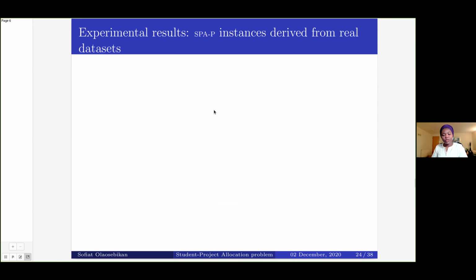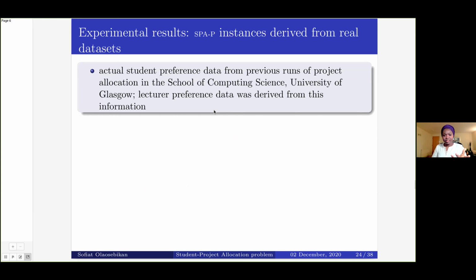So we also ran an experiment using real data sets. What we had here were randomly generated instances, but we manipulated the data set from the School of Computing Science. Remember I said we run SPA where students have preferences over projects, but there are no lecturer preferences at all.